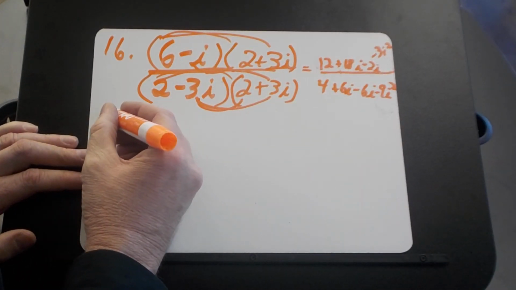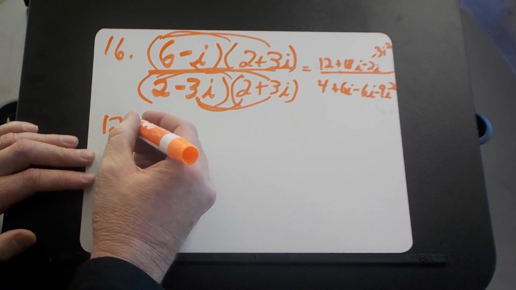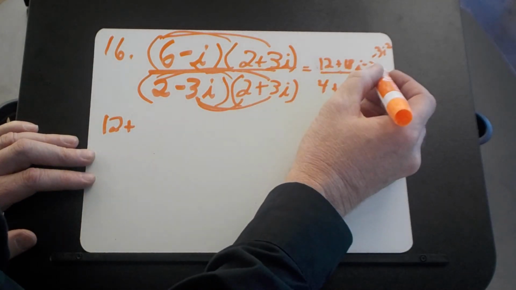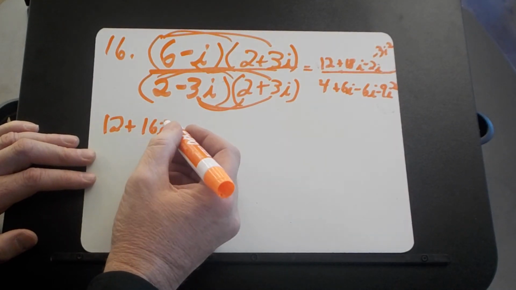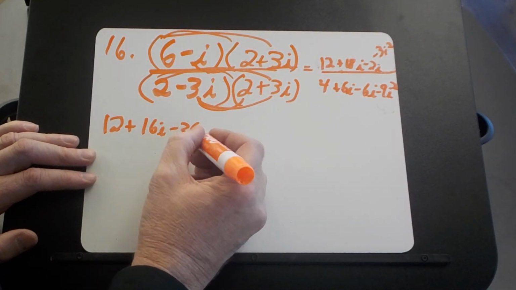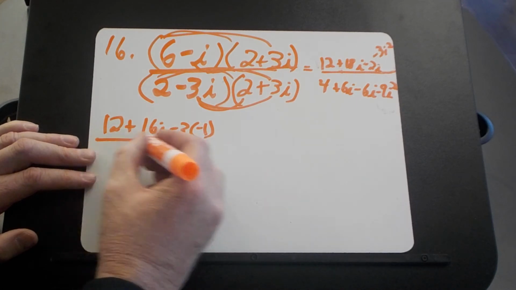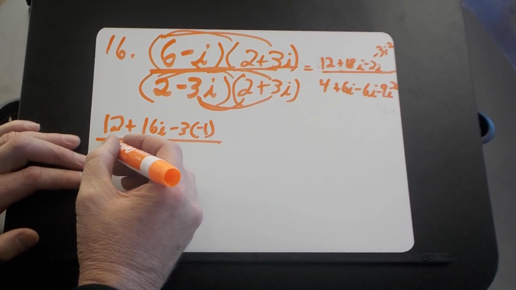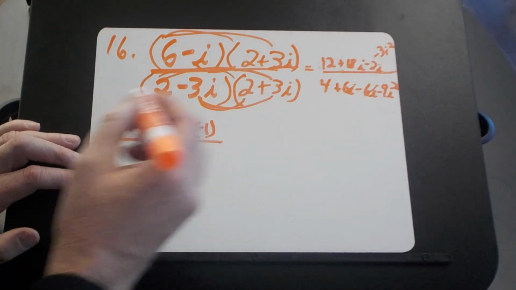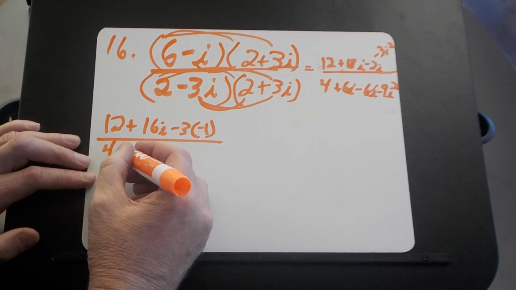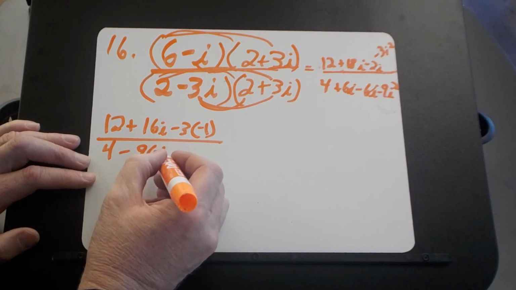I'm going to take my numerator, 12 plus, now 18i minus 2i is 16i, minus 3 times negative 1. The denominator, 4, positive 6i and negative 6i cancel out, that's minus 9 times negative 1.